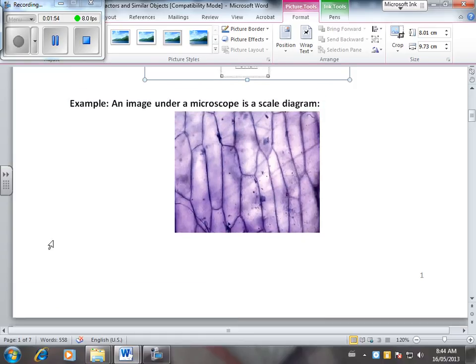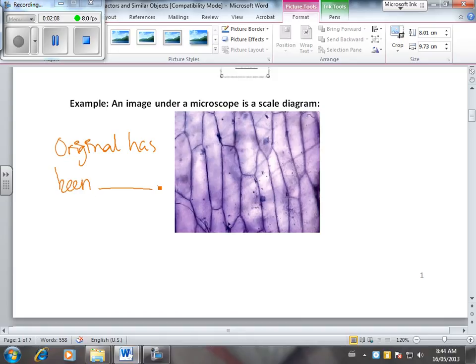Here we have another example, and this is an image under a microscope. And so in this case, the original has been what? Reduced or enlarged? Hopefully you said enlarged.